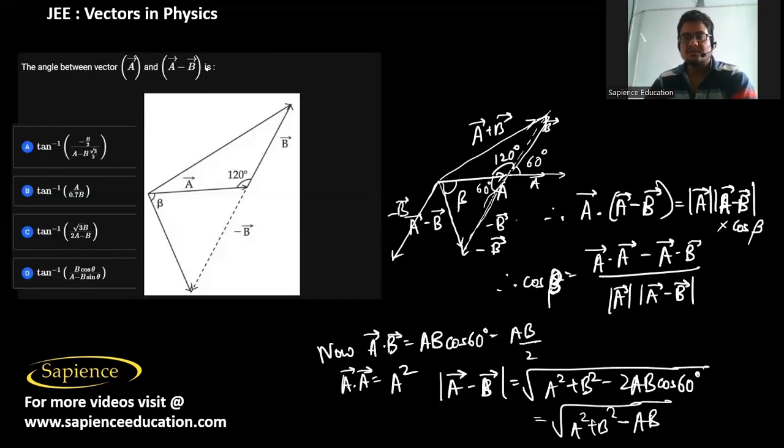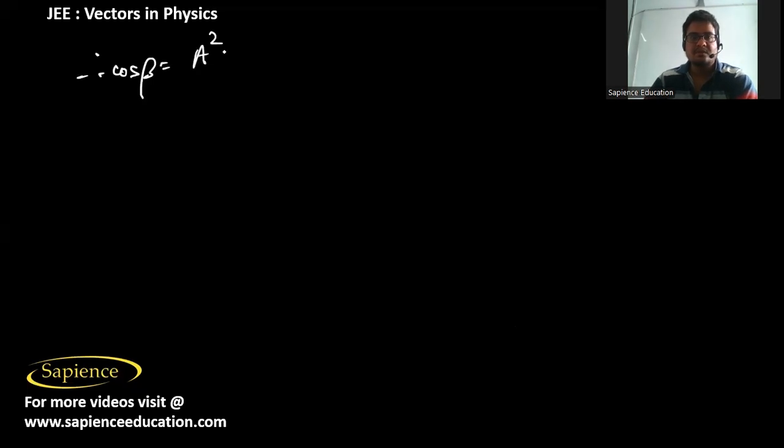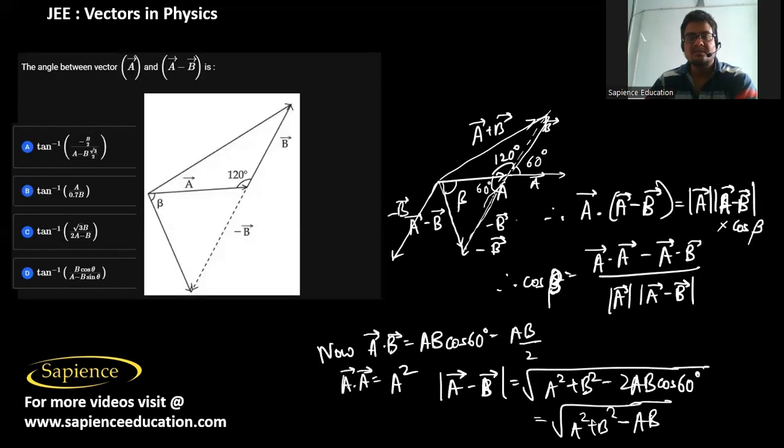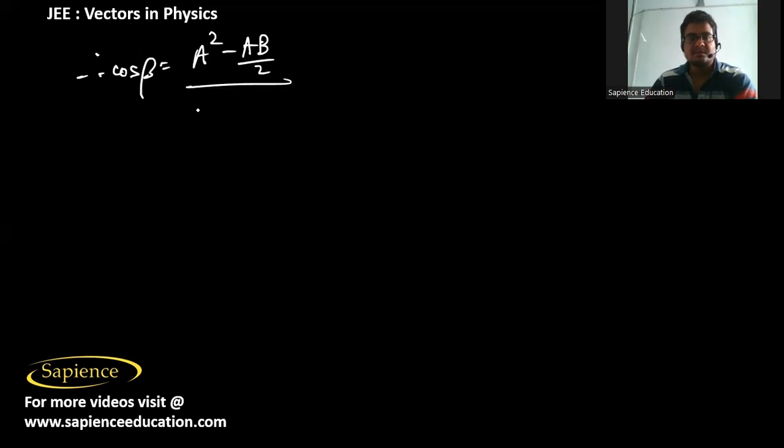So therefore, cos beta will be equal to A square minus AB by 2 divided by A into square root of A square plus B square minus AB.